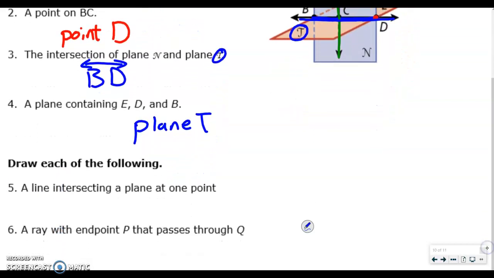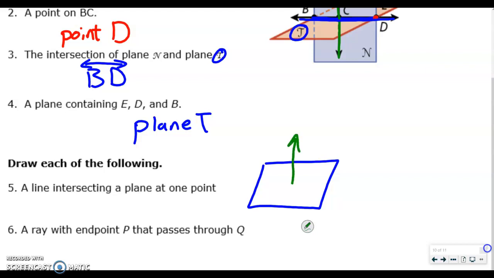All right, then you need to draw each of the following. So go ahead and pause if you didn't already do those. And then drawing each of the following. A line intersecting a plane at one point. So we have a plane. And we need a line intersecting that at one point.